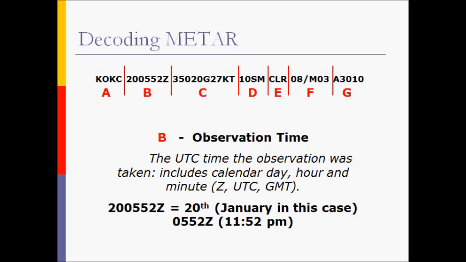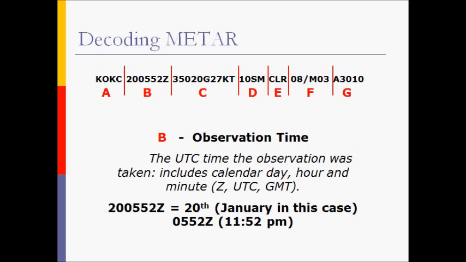Hence, the 20, in this case, means that this METAR was taken on the 20th day of the month. Now, it happens that this particular METAR was taken in January, but the METAR doesn't explicitly tell us that. So keep that in mind. The METAR gives you the calendar day of the month, but not the actual month.